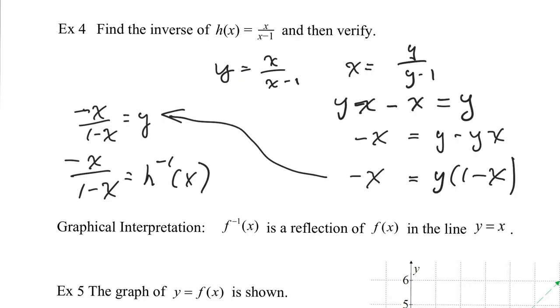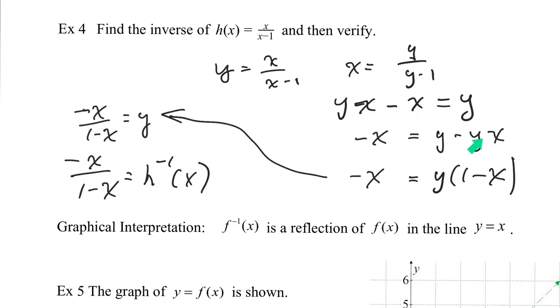Okay, so follow along here, and we'll say that y is equal to x over x minus 1. We switch the x's and y's, and then we cross multiply, and we got yx minus x is equal to y. Then I simply solve for y.